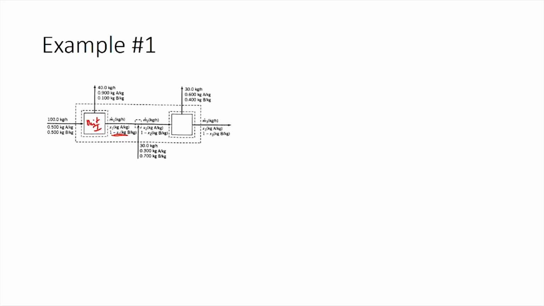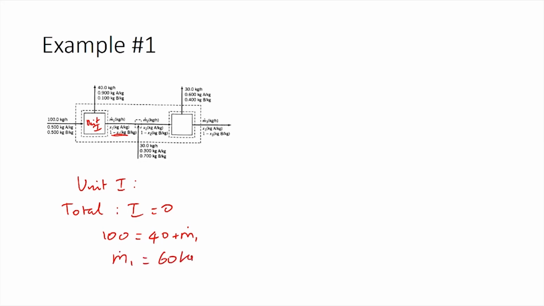Let us first start with unit 1. With unit 1, we have a total balance equation which will come down to input equals output, which is 100 equals 40 plus M1 dot. So, this gives you M1 dot as 60 kilograms per hour.